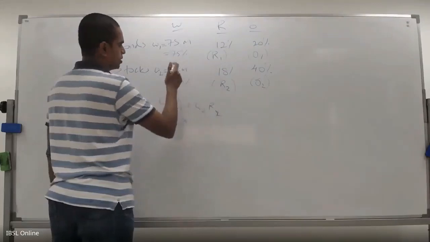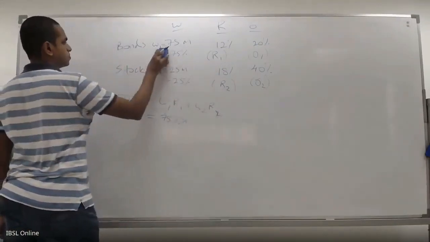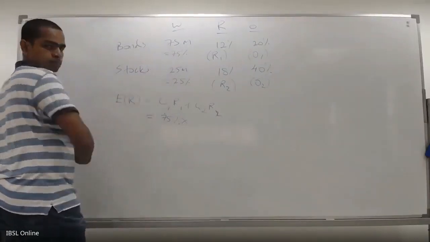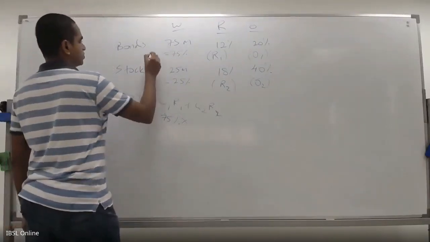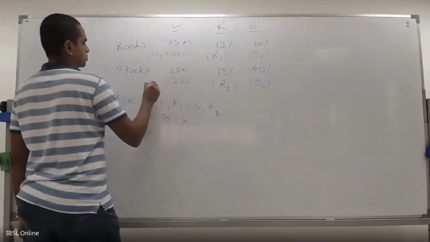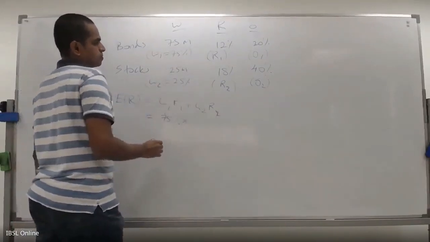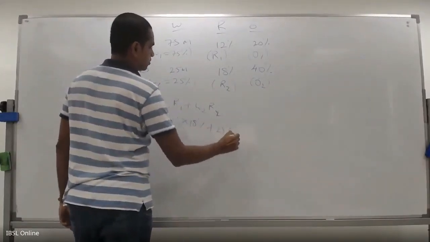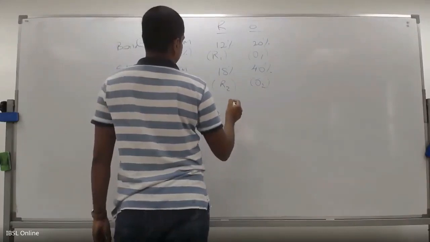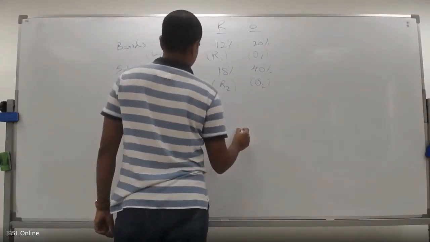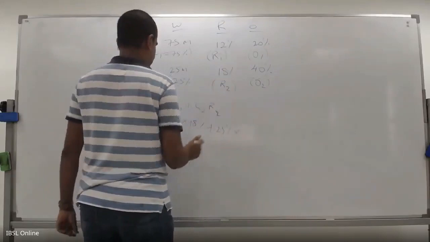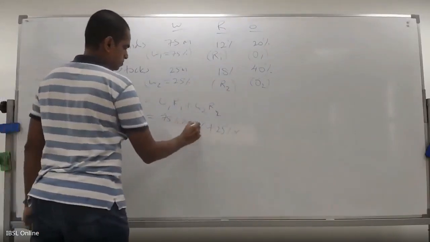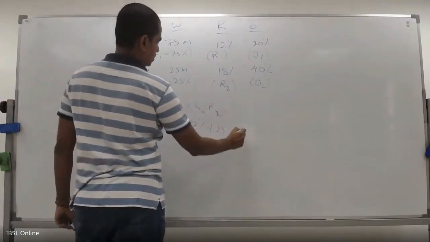W1 is 75% into R1, plus 25% into R2. Sorry, R1 is 12% and R2 is 18%.